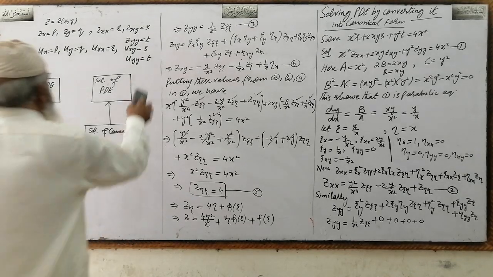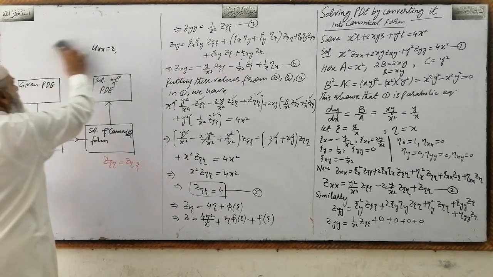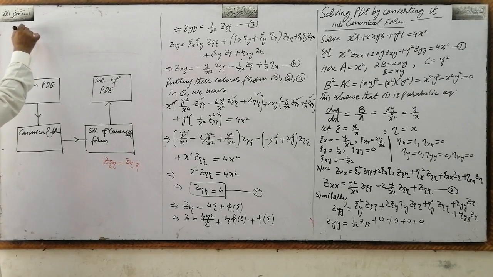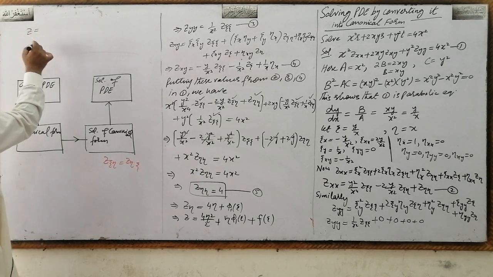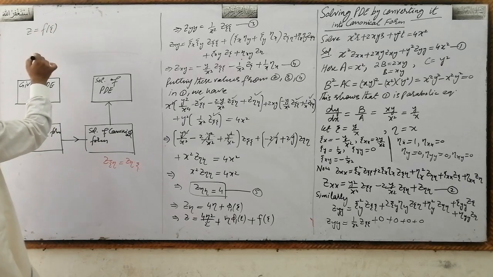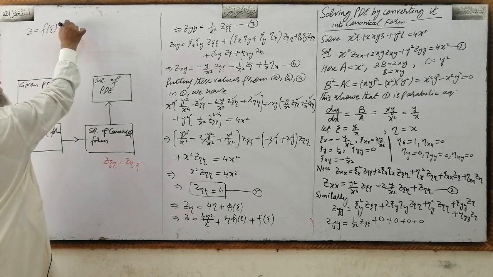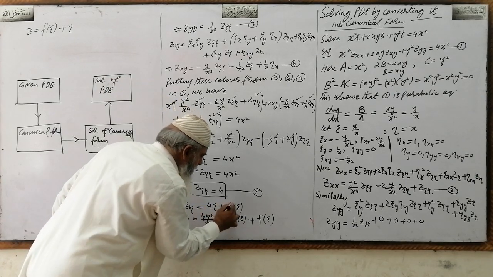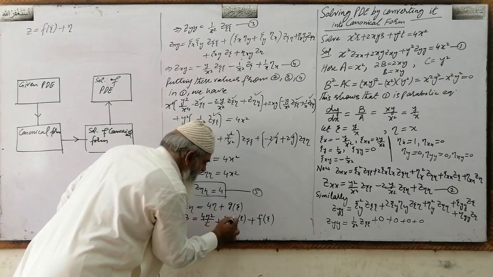Finally, we write it as z is equal to f of xi plus eta g of xi.